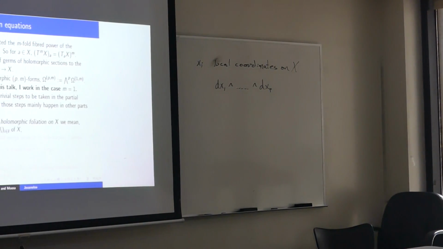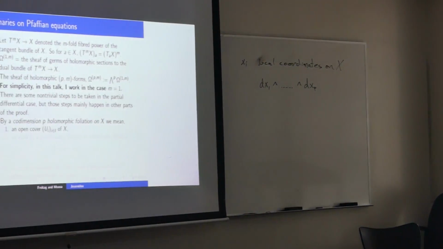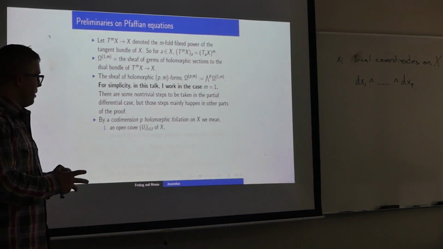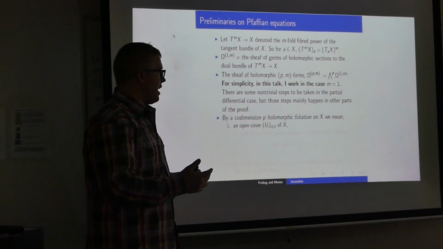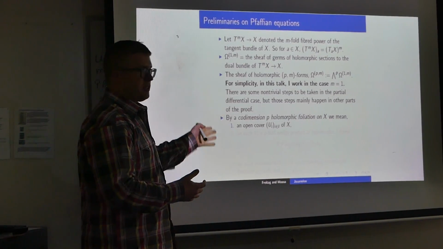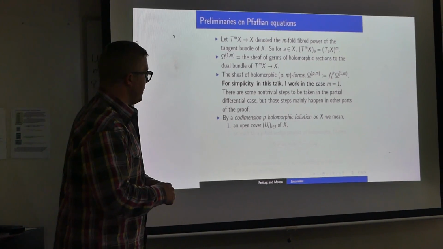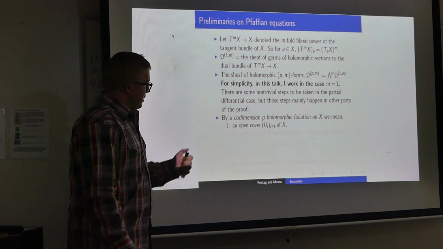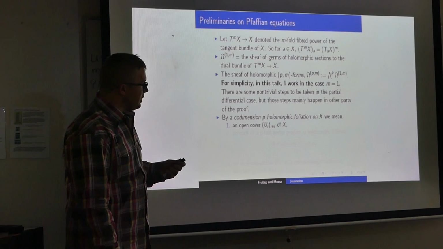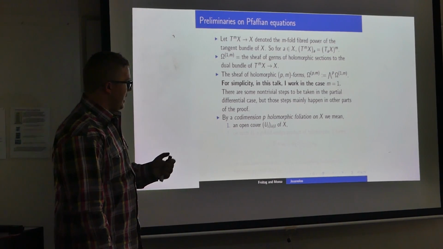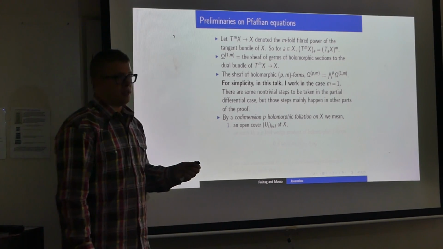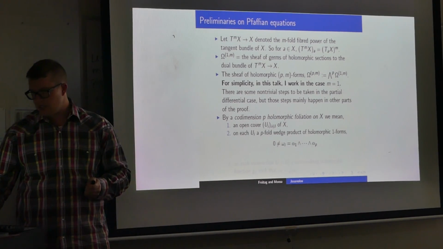Okay. All right. So now I want to tell you about the setup for how we describe the differential equations in this language with these objects. So I have what I call a codimension p holomorphic foliation on X. And it consists of the following data. We fix some open cover of X first.